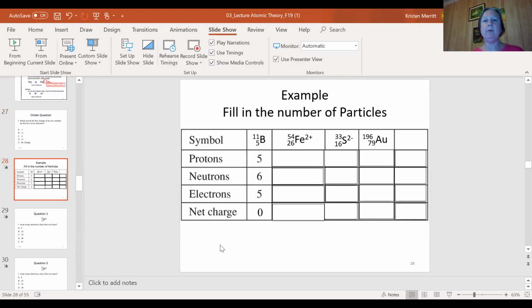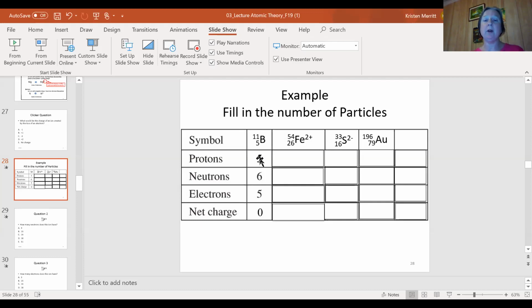If you're given this symbol, you can figure out how many of each of the components are in that atom or that element. So boron, this particular boron has 5 protons, atomic number 5, and 11 total protons and neutrons, because the mass number is 11, the things which are giving it mass.